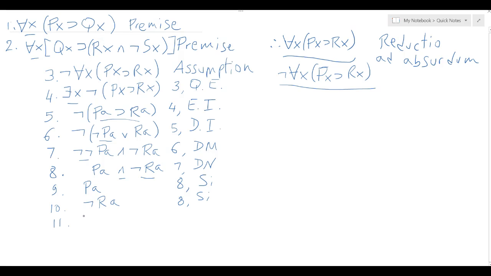So now I have, if PA then QA, by line 1, universal instantiation.